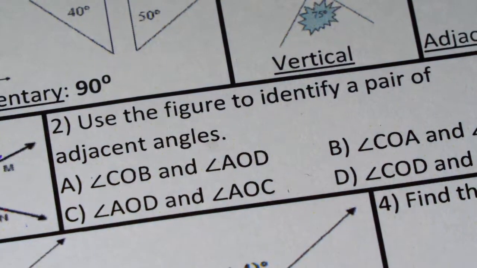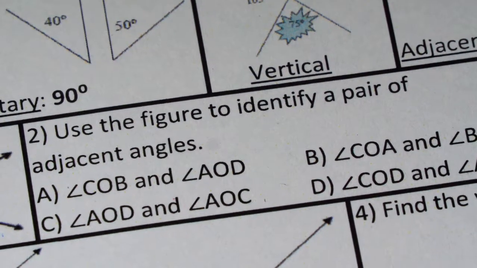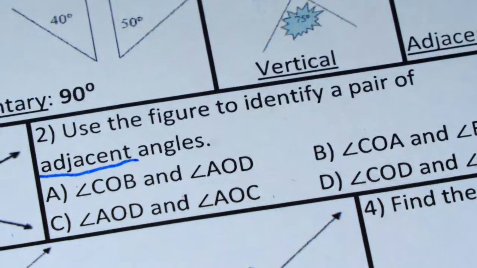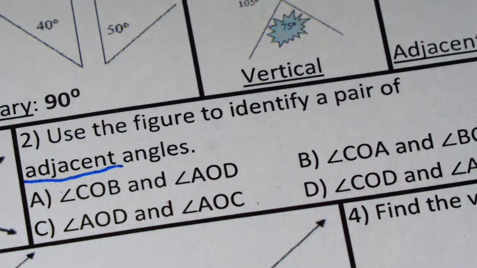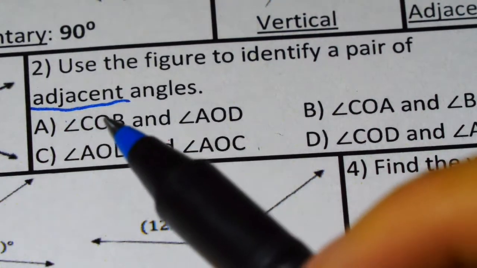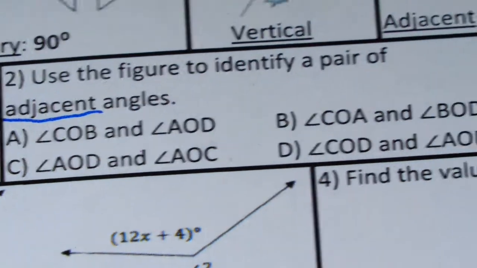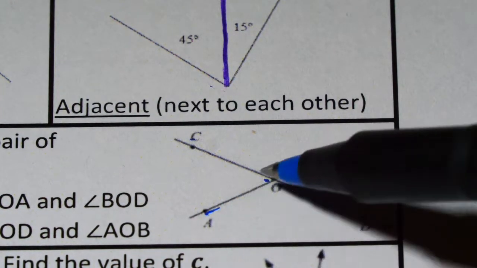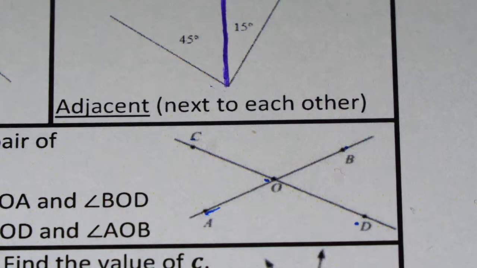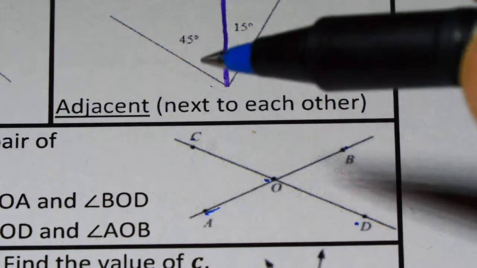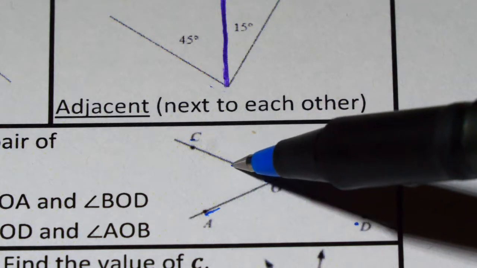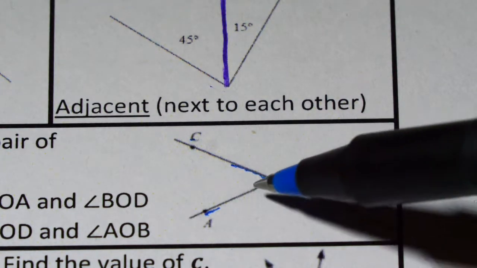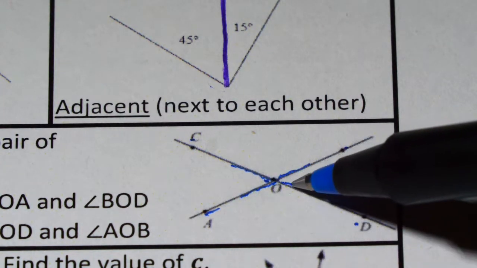Question 2. Use the figure to identify a pair of adjacent angles. We have to find the adjacent angles. Adjacent means next to each other. Okay. So let's look at the first one. COB, AOD. They are not adjacent because we have an angle here and an angle here.